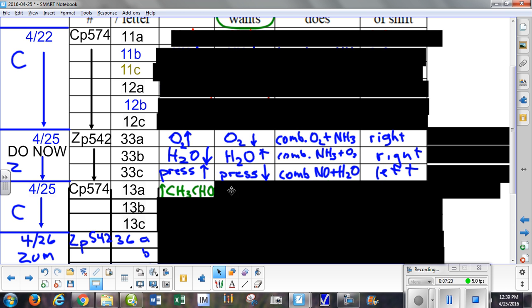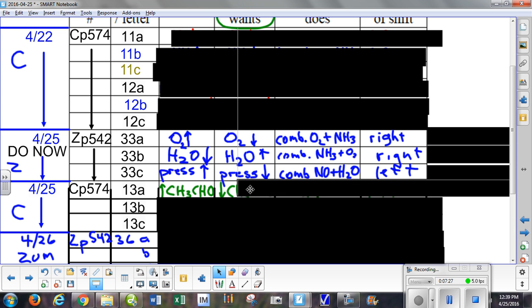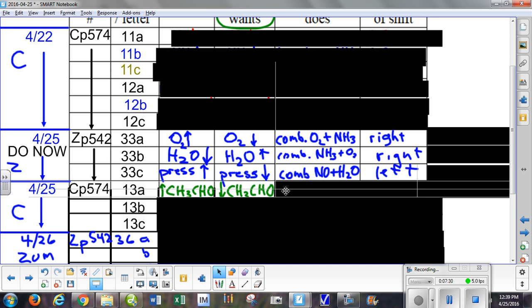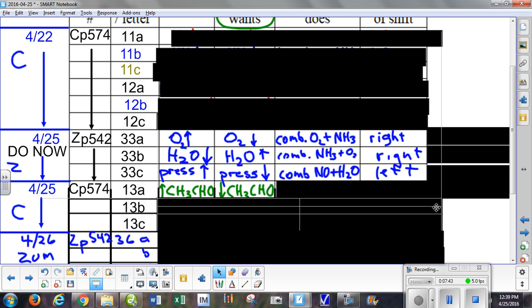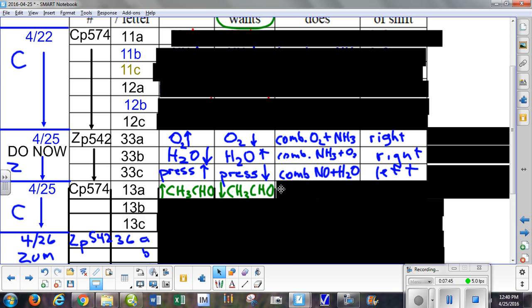So the CH3CHO is increasing according to letter A, and because Le Chatelier always wants to do the opposite, CH3CHO is going down. And I hope those of you in the class right now are using this opportunity to get these down as practice problems for you to get a better idea of what's happening here.